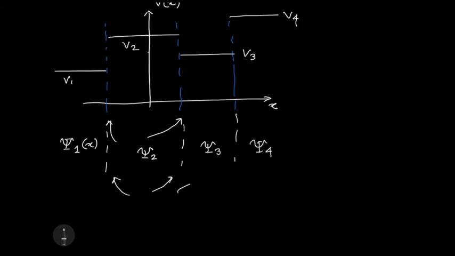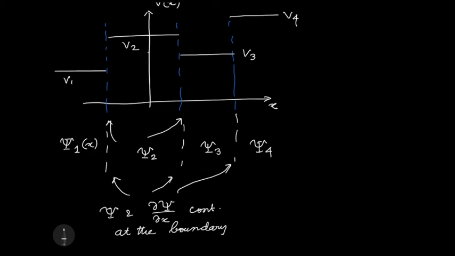Then all I have to do is, at these boundaries, make sure that psi and del psi del x are continuous at the boundary. Once I make that sure, then I will get a psi which gives me the solution everywhere.